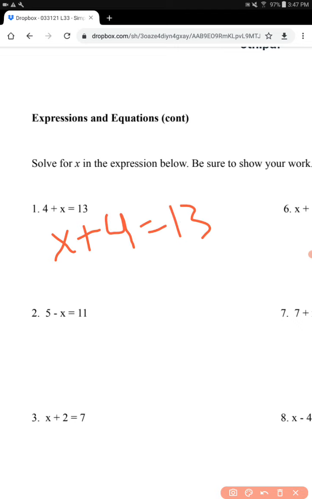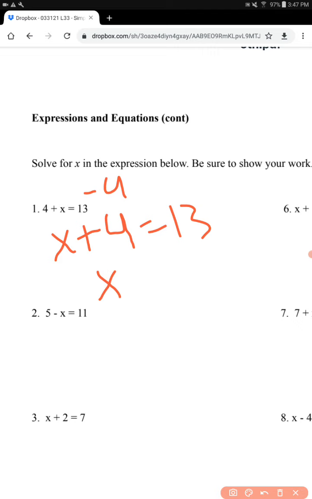Same thing. So we're adding 4 to x, and we want to get rid of that 4. So what's the opposite of adding 4? It's subtracting 4. So x plus 4 minus 4 would just equal x.